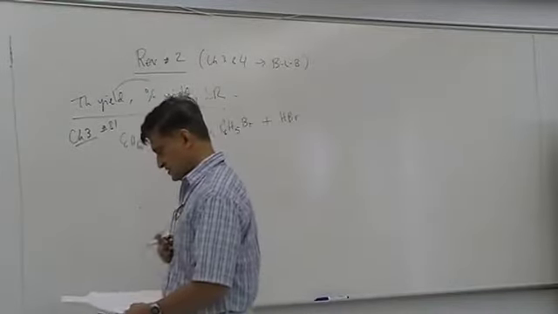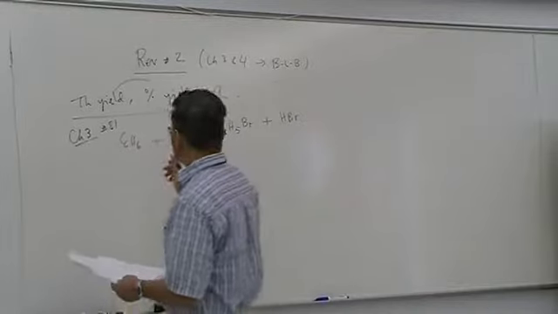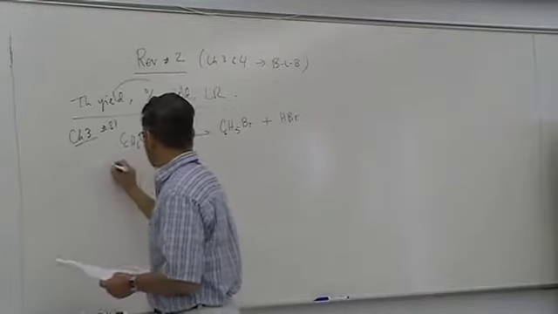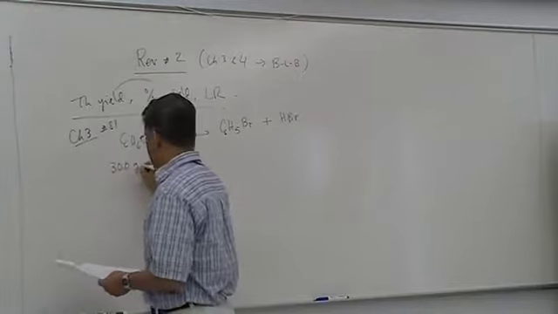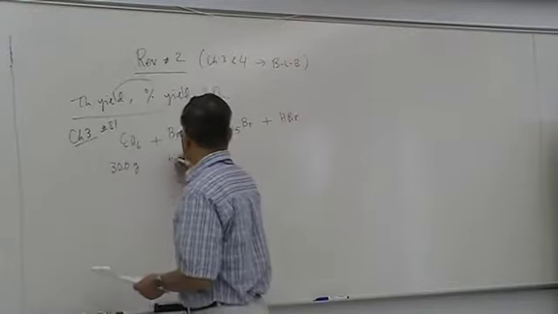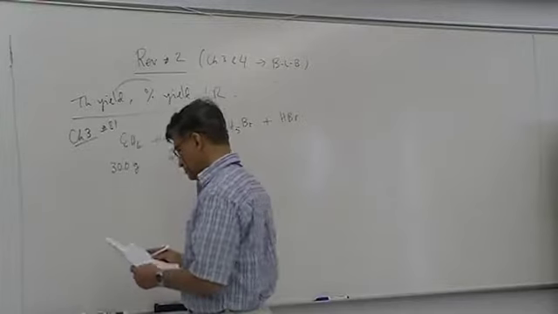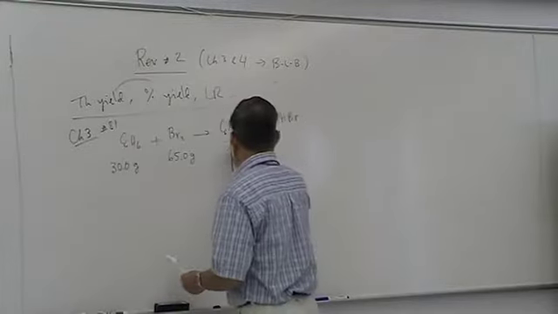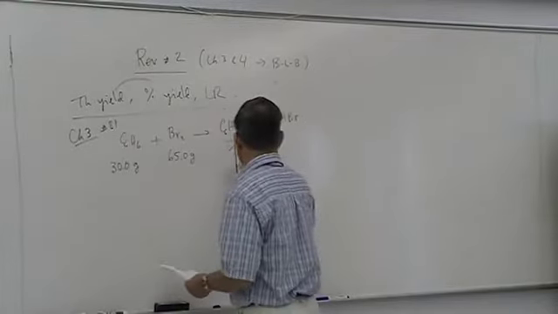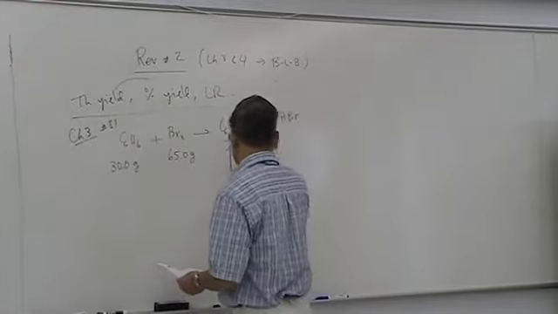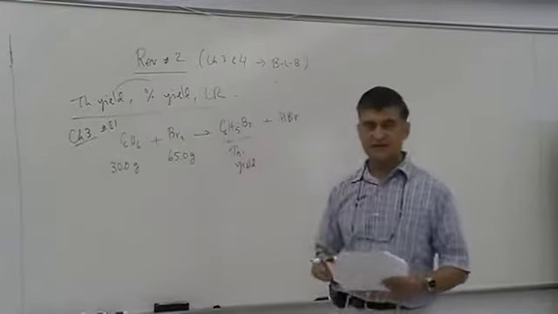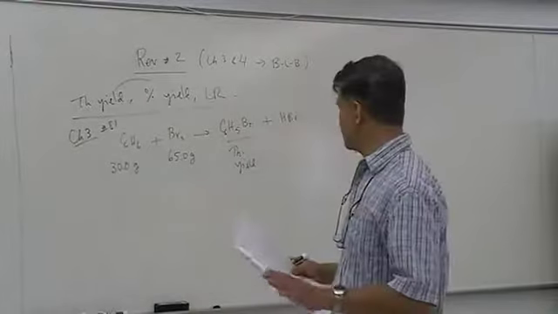So these values are given: 30.0 gram C6H6, 65.0 gram Br2, and the question is, what is the theoretical yield of C6H5Br? Theoretical yield is the same as expected yield, completely based on calculation.